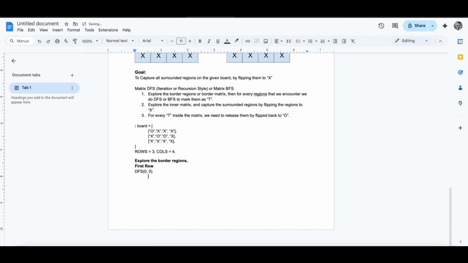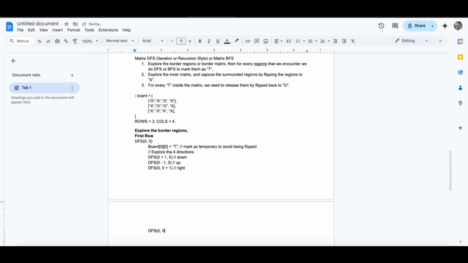After that, inside the DFS, we mark the board as temporary to avoid being flipped. Then we explore the 4 directions, right? That is DFS 0 plus 1, 0, this is down. DFS 0 minus 1, 0, this is up. DFS 0, 0 plus 1, this is right.